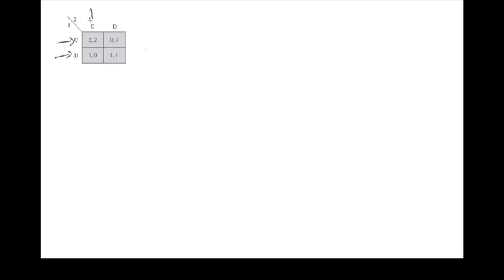If player 2 is going to cooperate, and I'm player 1, I'm better off to defect. I get 3 instead of 2. If player 2 is going to defect, then I'm also better off to defect. I get 1 instead of 0. So D dominates C. The game is symmetric, so D dominates C for player 2 as well. 3 beats 2, 1 beats 0.